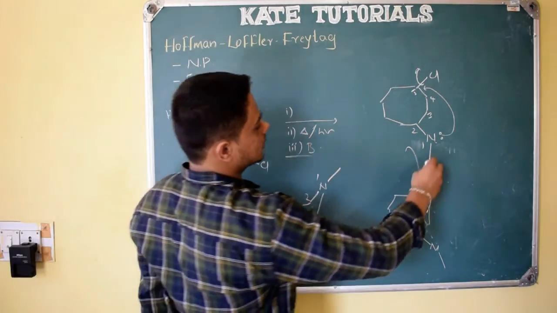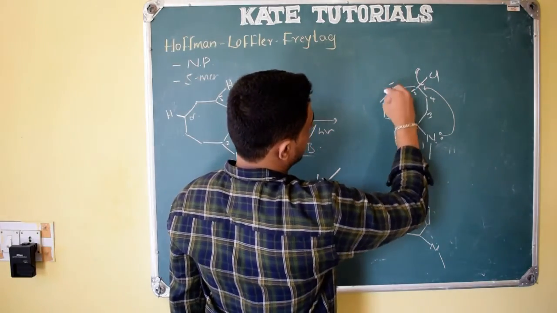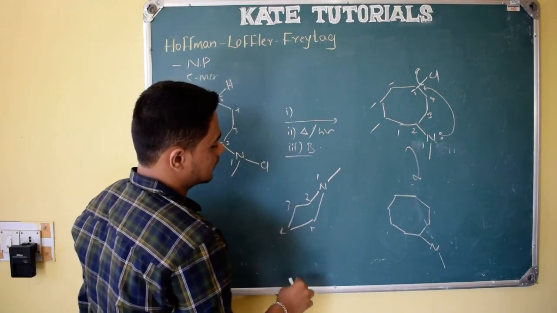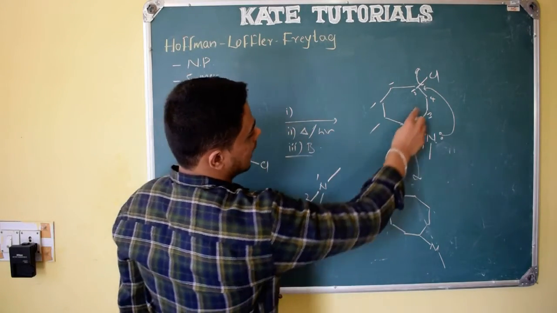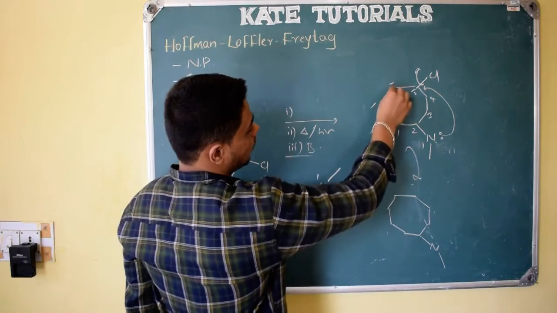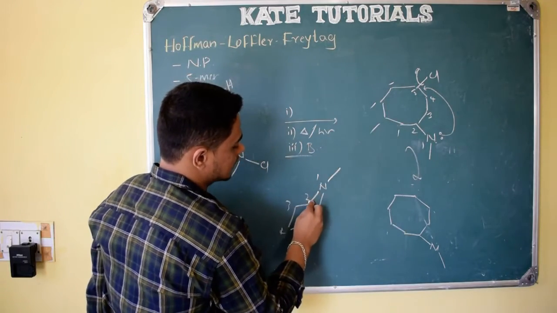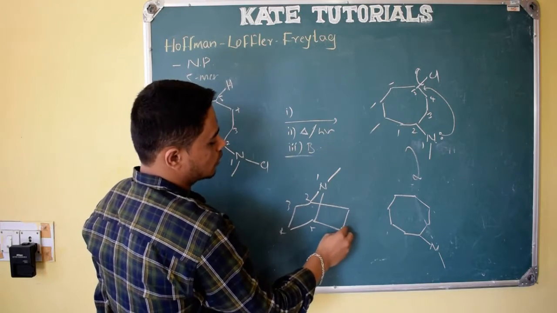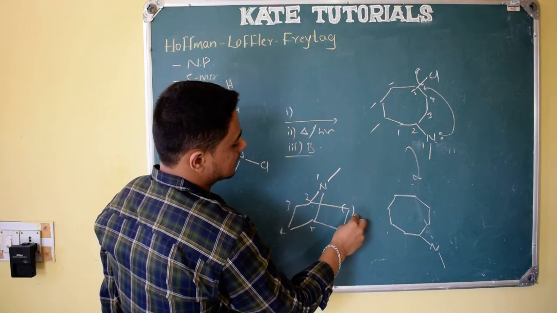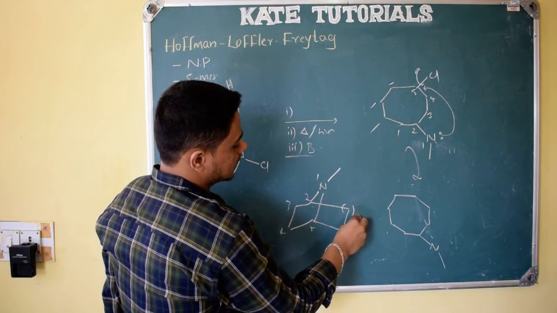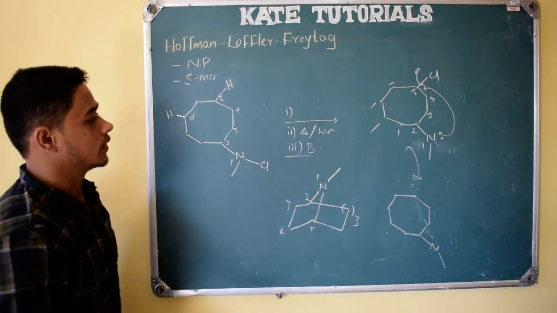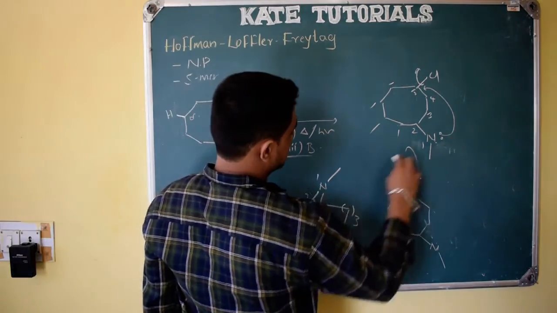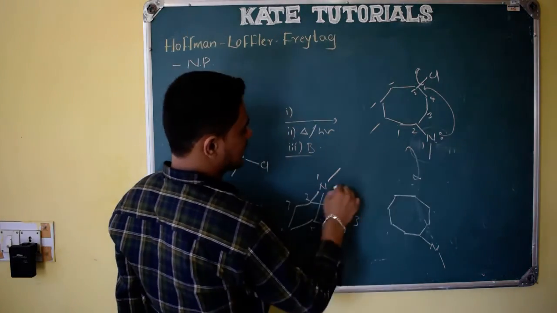And at the 2 position and 5 position, there are 1, 2, 3, 4 carbons attached. So I can show like this also. Let me check whether I have counted the same number of carbons, with the N-methyl.